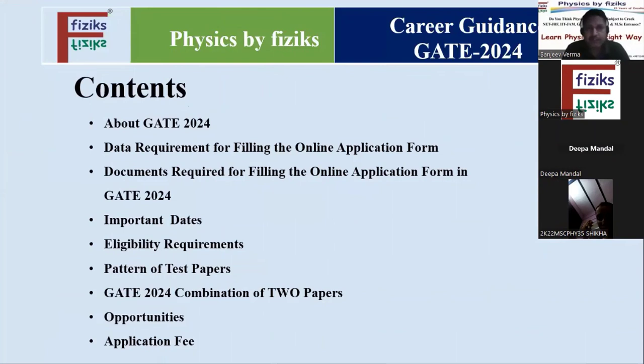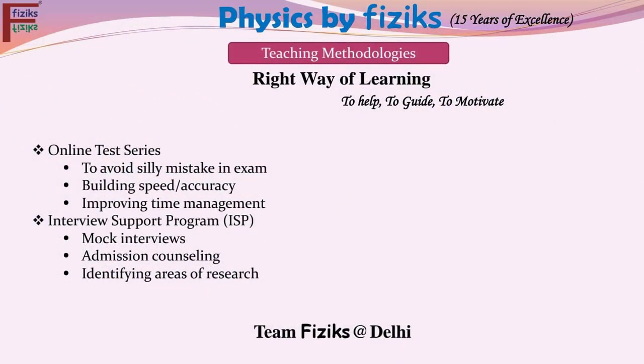Data requirement for filling the online application form, documents required for filling the online application form, and what are the important dates, eligibility requirements, pattern of the test paper, and the two combinations, meaning you can apply in two different subjects. What are the possible combinations, and what are the opportunities, application fee, and so on. So have a look. What is GATE 2024?